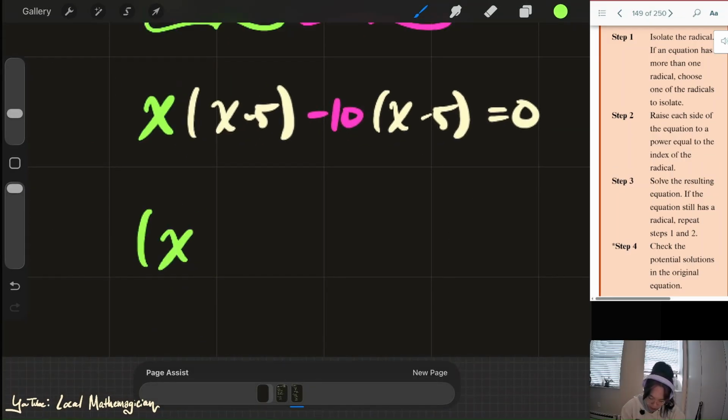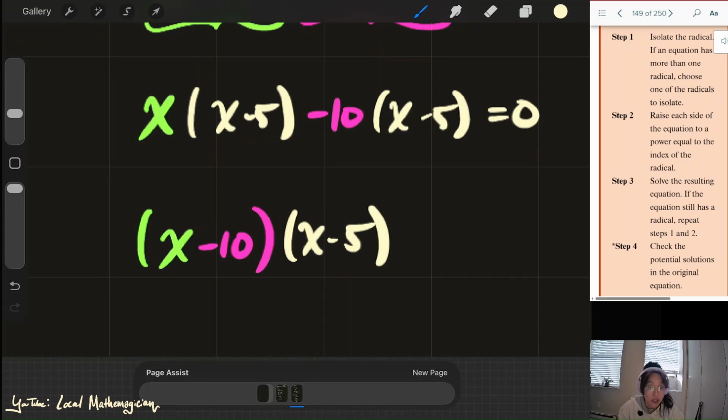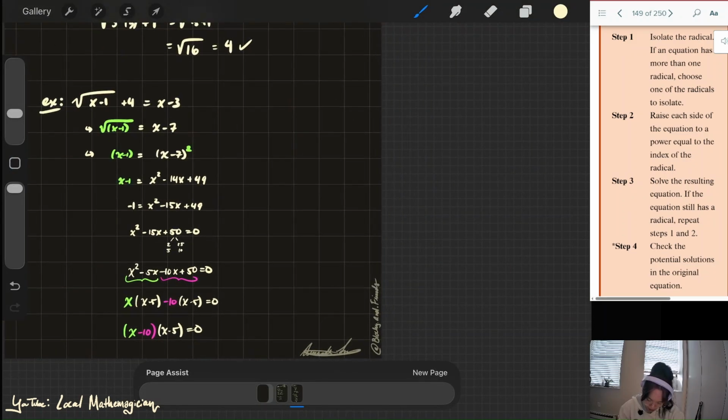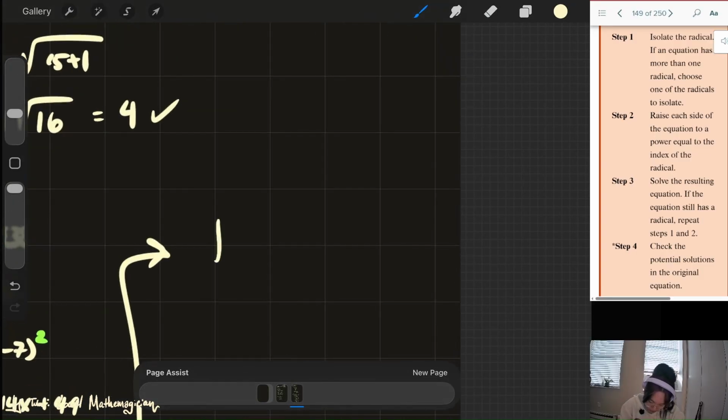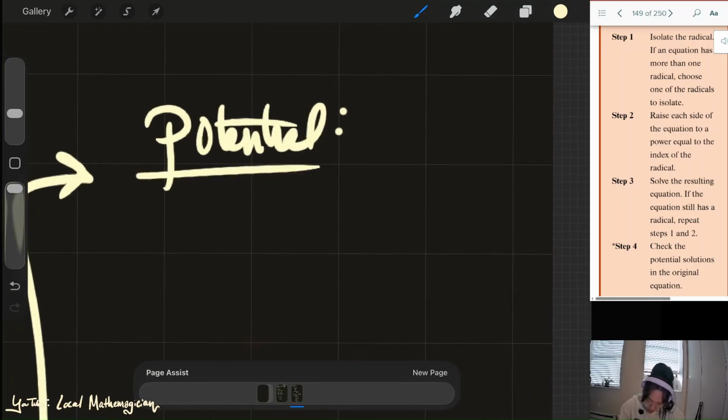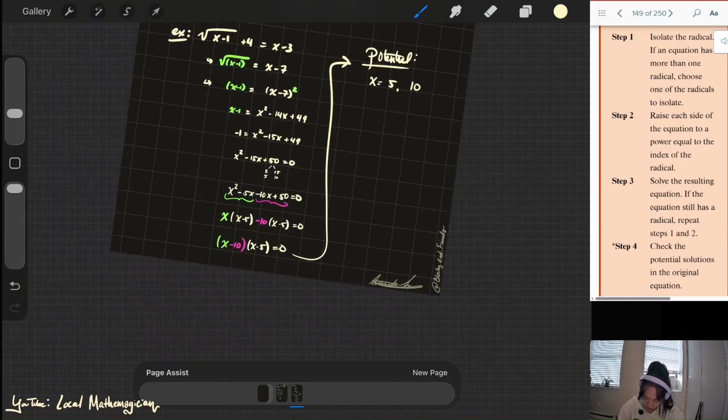Now we have x minus 10 as your first factor, x minus 5 as your second factor, equal to 0, and your potential solutions are x equals 5 and 10.